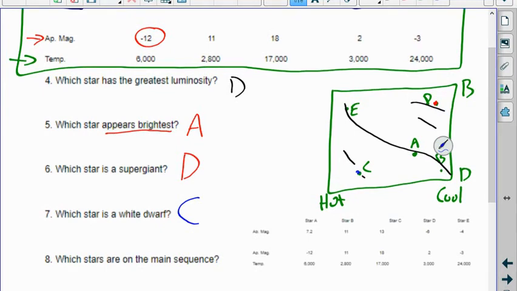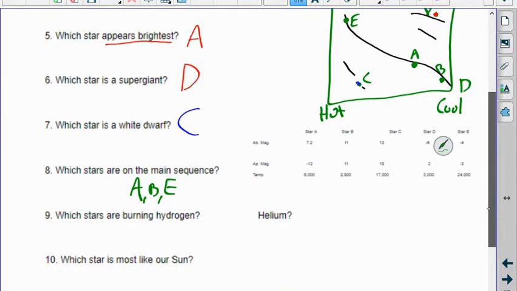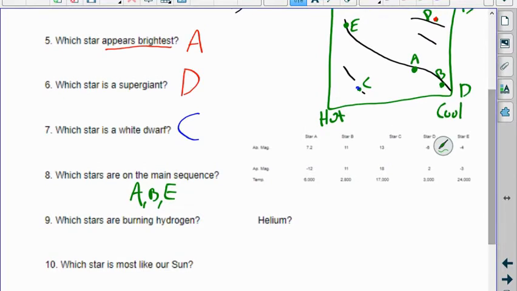Which stars are on the main sequence? Again, I already kind of did that. I have star B right here, star A right here, and star E right here. So A, B, and E. Which stars are burning hydrogen? Remember, the main sequence are the stars that are burning or fusing hydrogen.